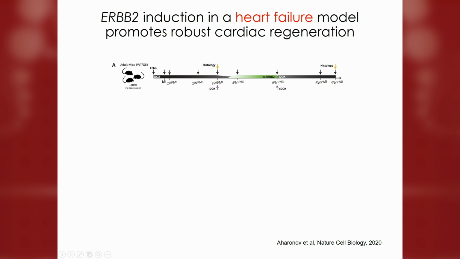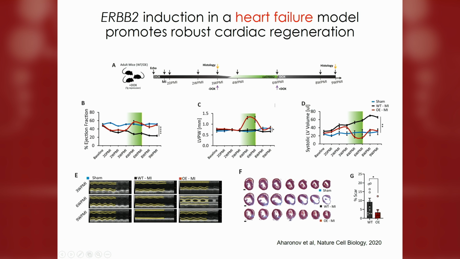And then we stop ERBB2 signaling and we follow the heart parameters. And you can see that restoration of heart function was complete, and there is much less scarring of the heart. This led us to suggest that transient ERBB2 signaling is sufficient to restore heart function and cardiac regeneration.